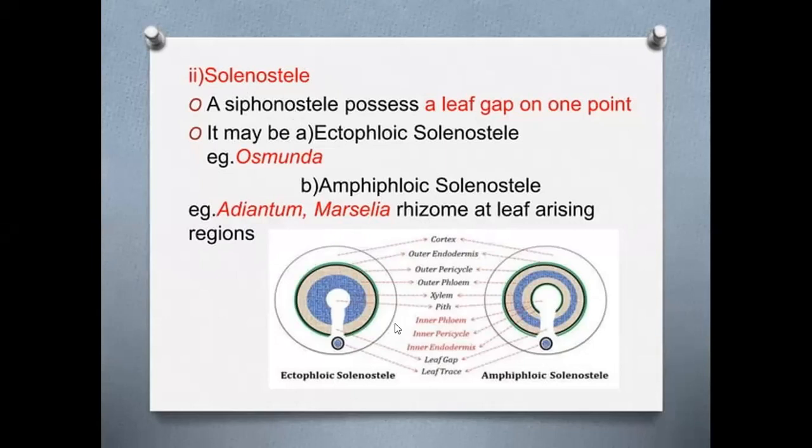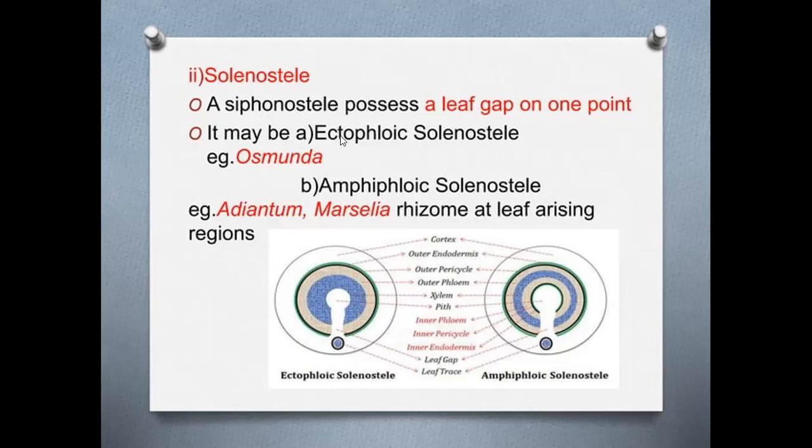Siphonostele, what I told you, having the central pith region, and xylem and phloem will be surrounding this pith region, right? Now, if this siphonostele is possessing a leaf gap at one particular point, or if it is going to consist of a leaf trace, then such a type of stele is considered as solenostelic condition.